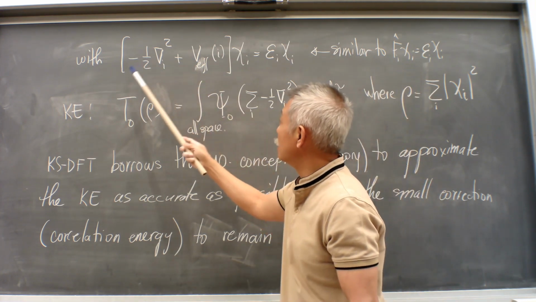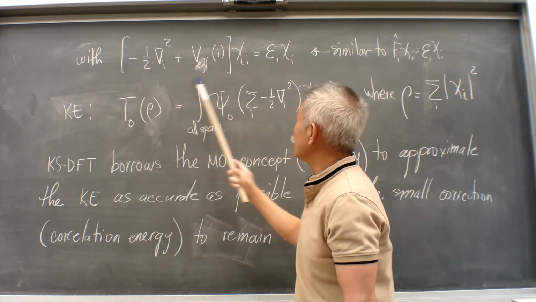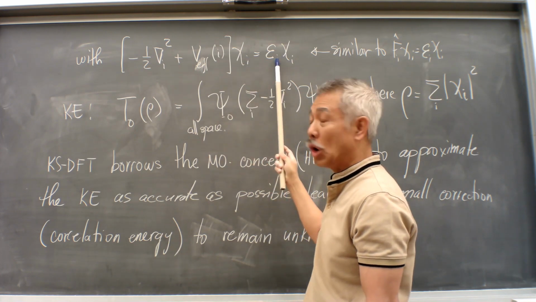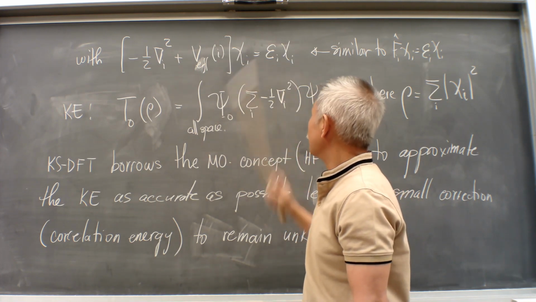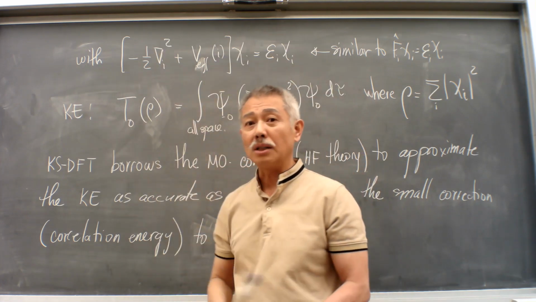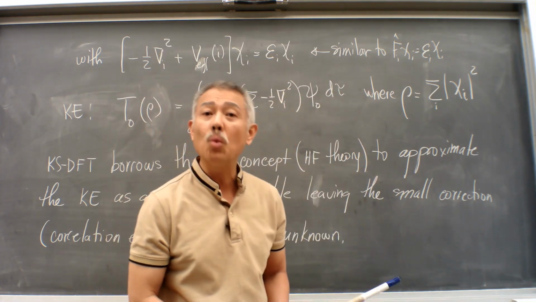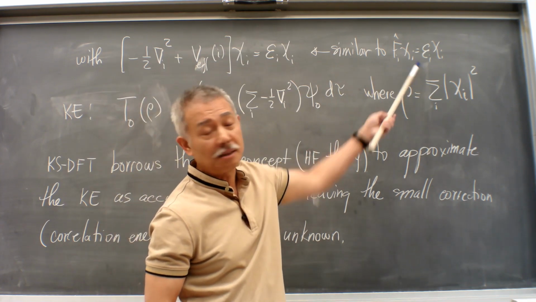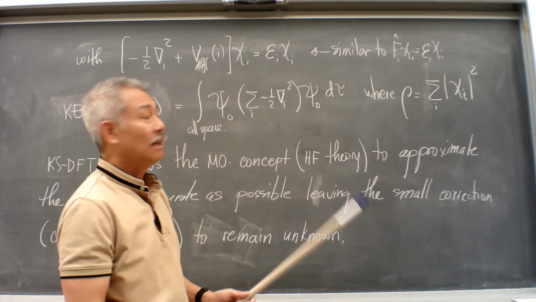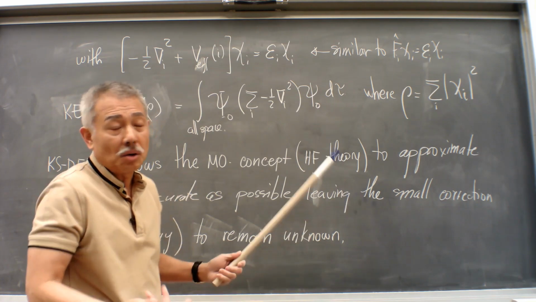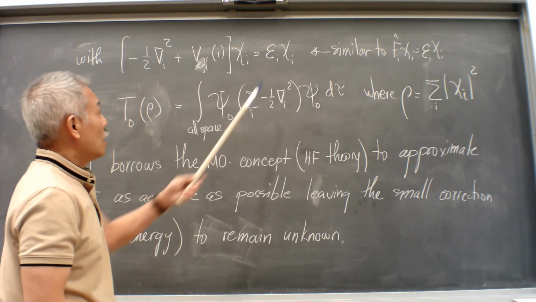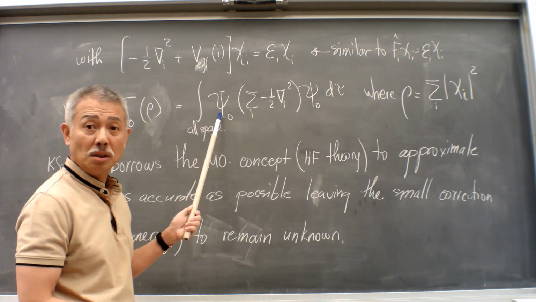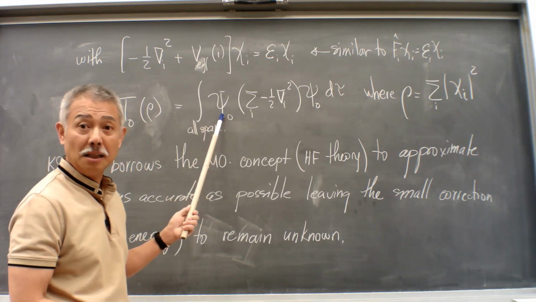So we have these individual electron i's operated on the spin orbitals, orbital i, j. Okay, so this is an eigenfunction problem for one electron, similar to the Hartree-Fock method, and we know how to do that, like a hydrogen atom. So that's solvable. When we've done that, we have the solutions with the single Slater determinants.